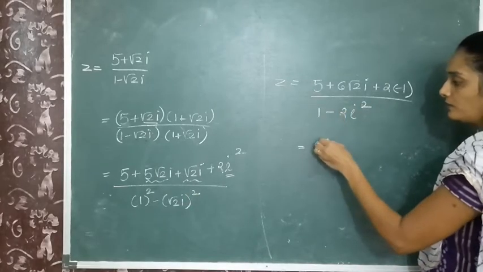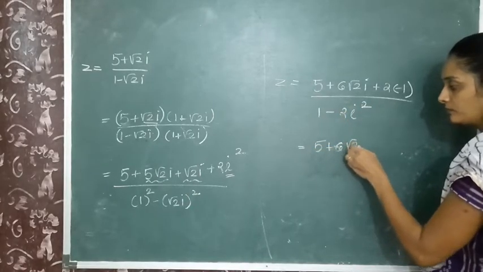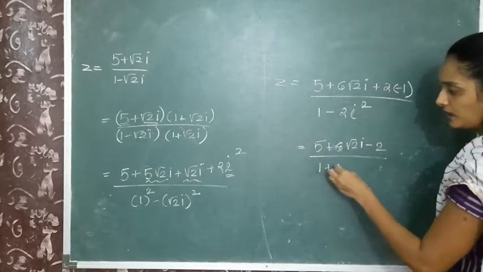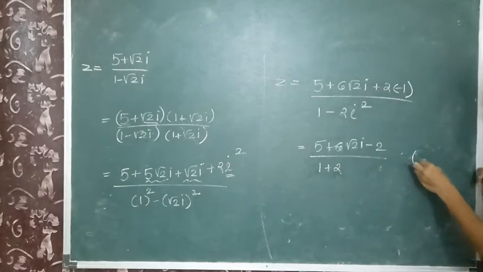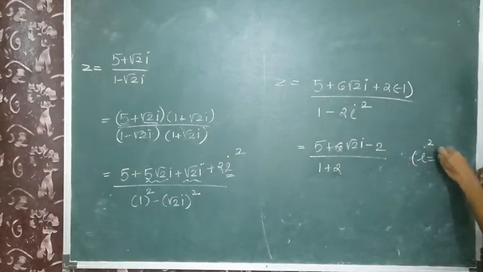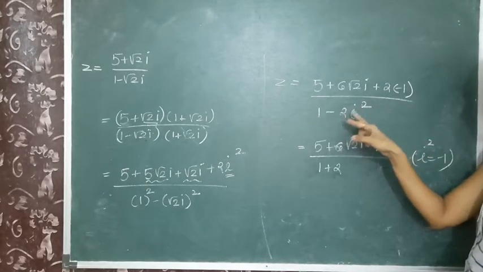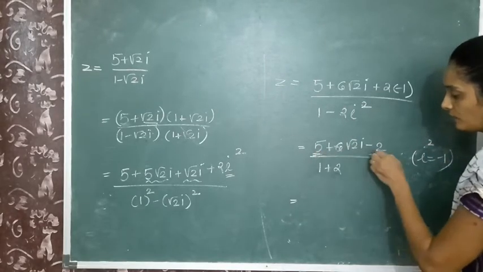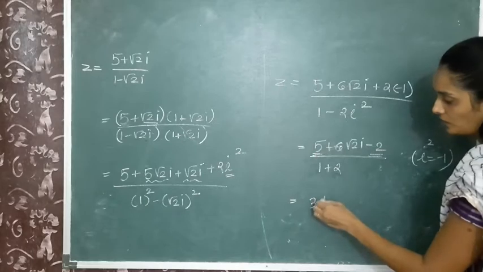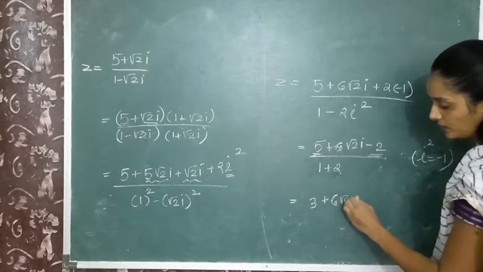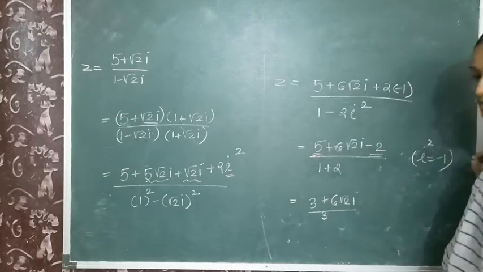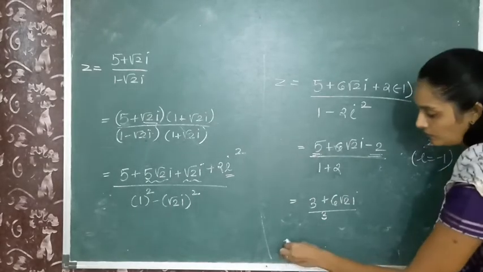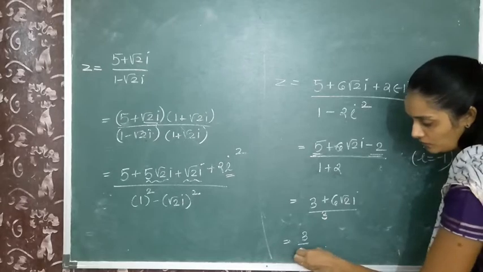Here 5 plus minus minus 2, and here I can write 1 plus 2. Why? i square is equal to minus 1, so 2 into minus 1, so plus 2. 5 minus 2 are like terms, so 3 plus 6 root 2i by 3. Now we can give individual denominators, so 3 by 3.